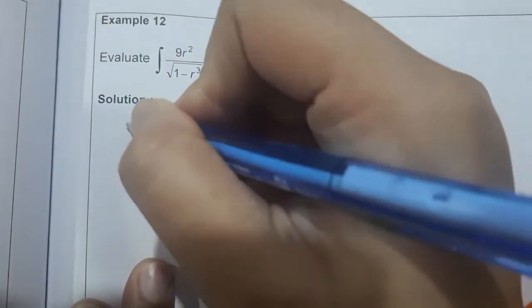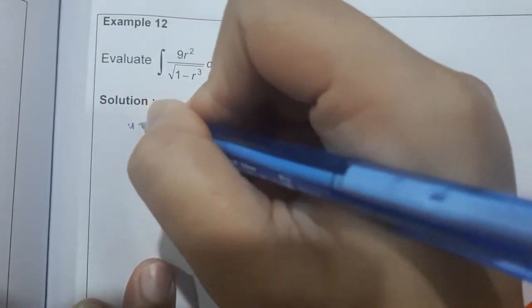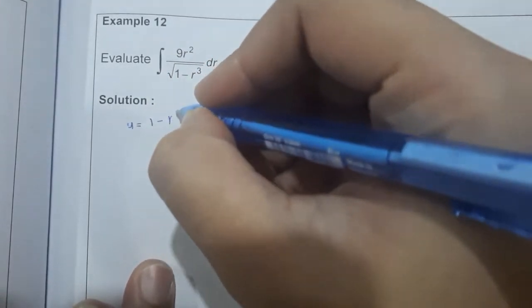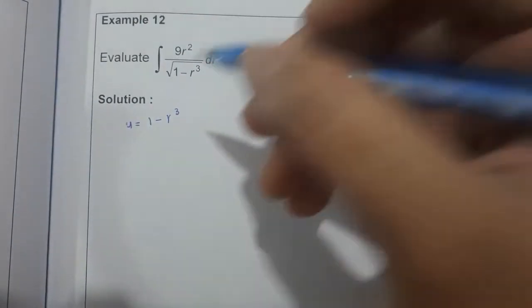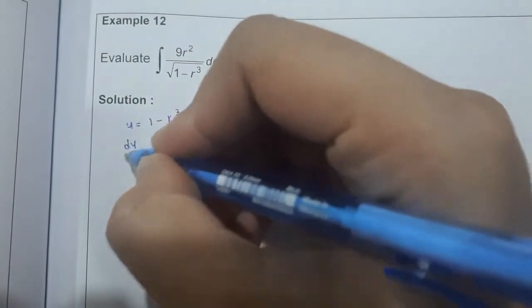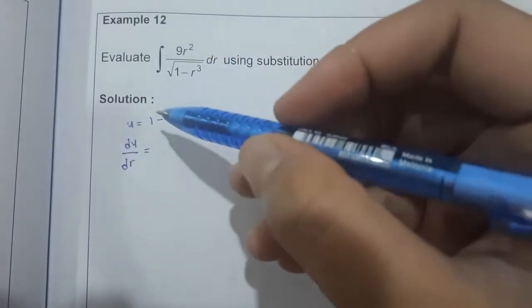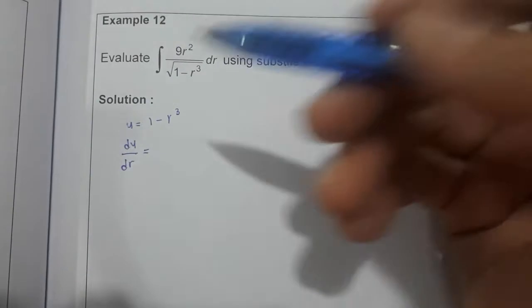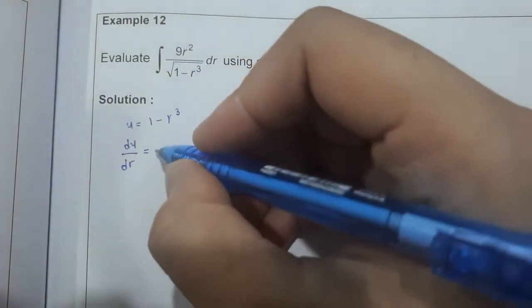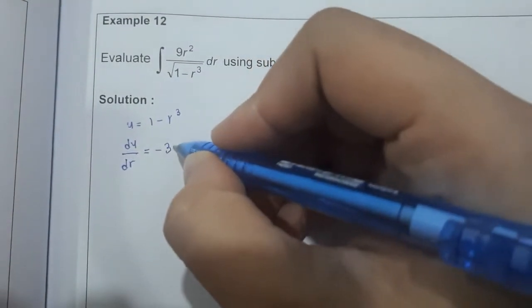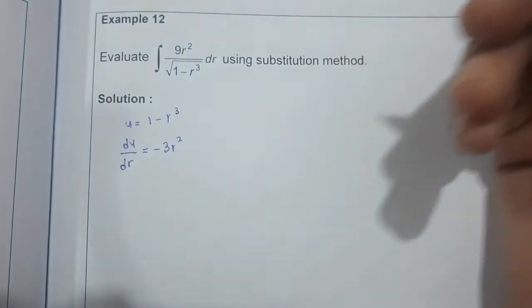So u equals 1 minus r cubed. Differentiate u in terms of r, we get du over dr. Differentiate 1, 0. Differentiate negative r cubed, negative 3r squared.